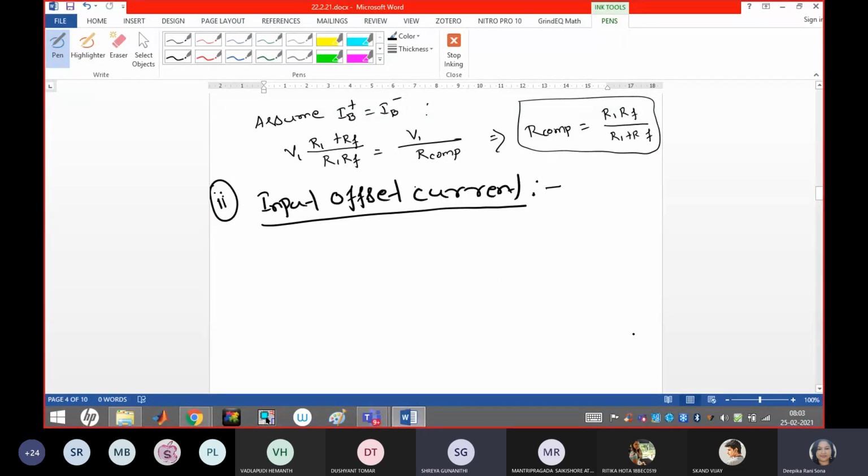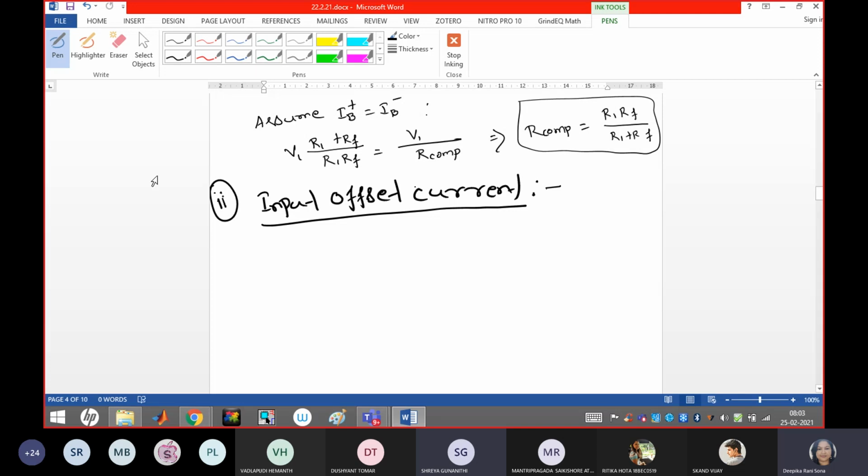Okay, fine. So input offset current. The definition of input offset current is the algebraic difference between the currents into the negative input and the positive input. Algebraic difference means the current at the inverting input terminal is IB minus, and at the non-inverting input terminal the current is IB plus.